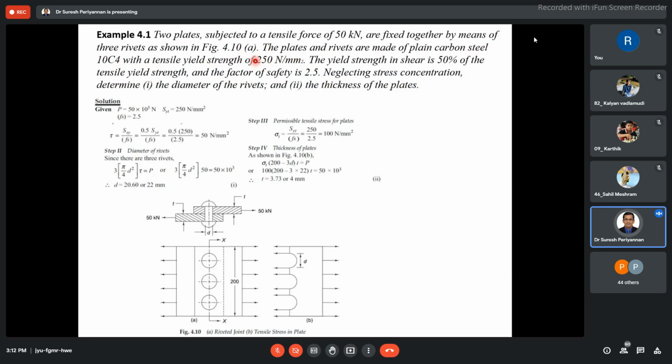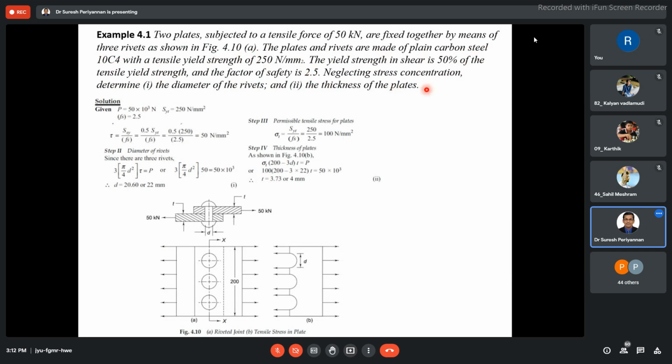The shear yield strength is 50% of the tensile yield strength, and the factor of safety is 2.5, neglecting the stress concentration. Now our aim is to determine the diameter of the rivets and the thickness of the plates.